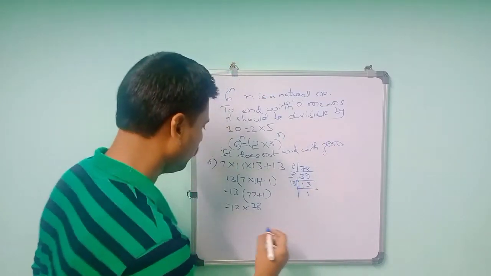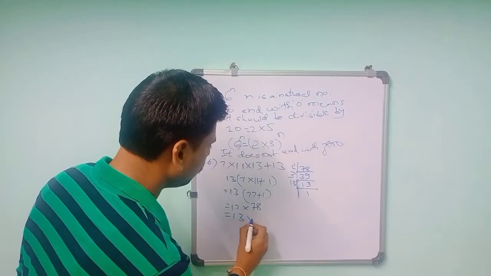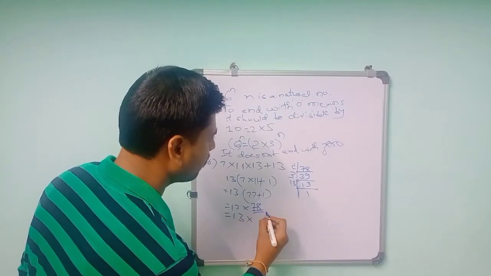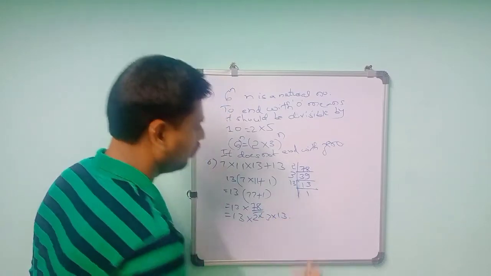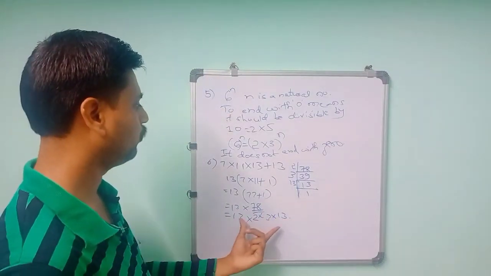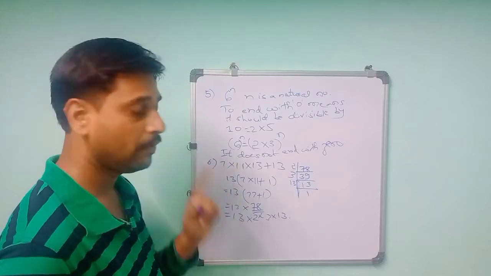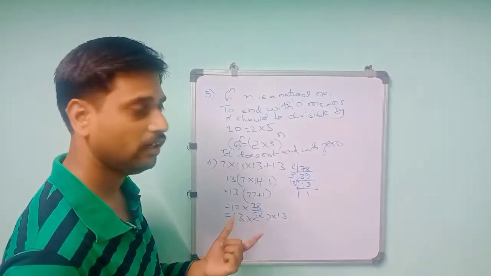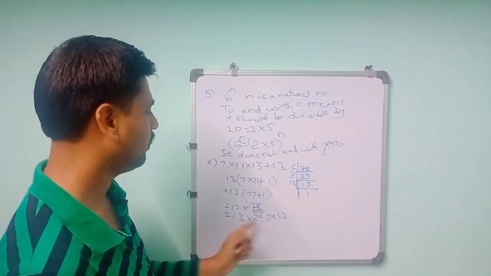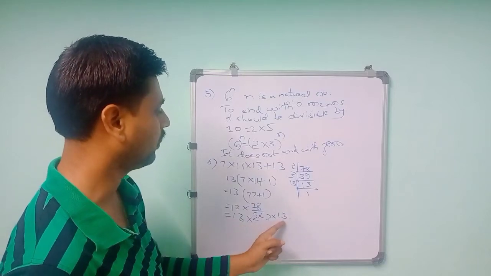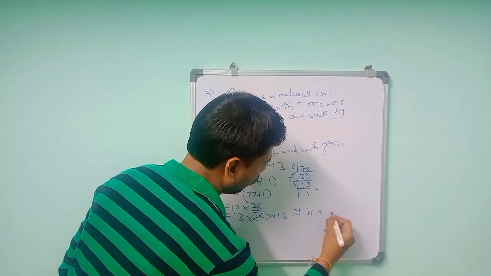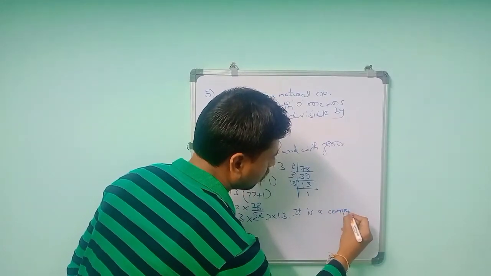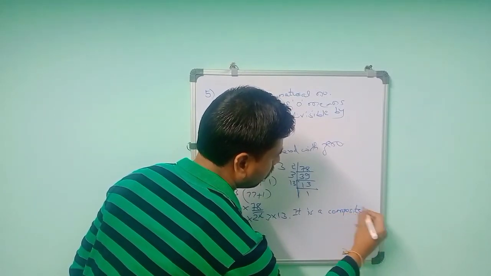So 13 into 78 is written as 2 into 3 into 13 into 13. For a composite number, the factors should be more than 2, other than the number itself and 1. So it has more factors: 13, 2, 3. So it is a composite number.